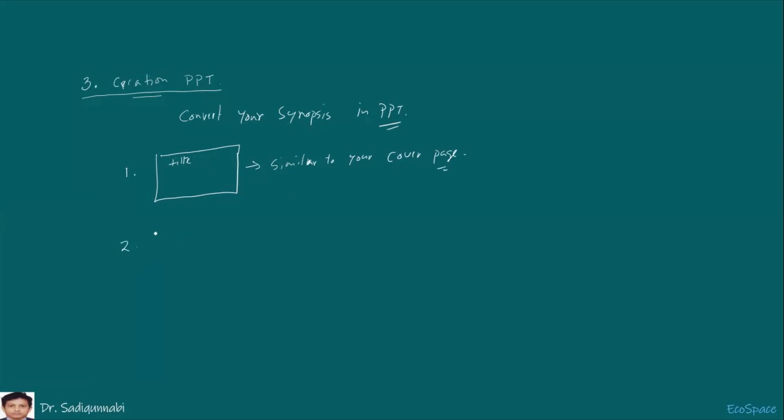Second slide should have some headline and some bullet points. Okay, and what are the rules for bullet points? In a single slide, never use more than 5 bullets.